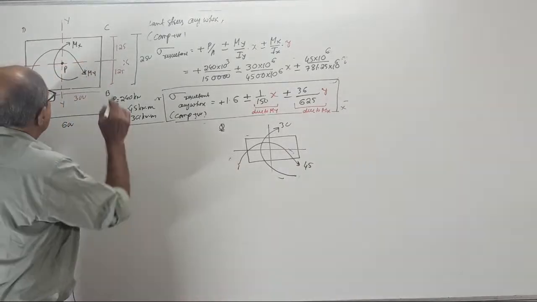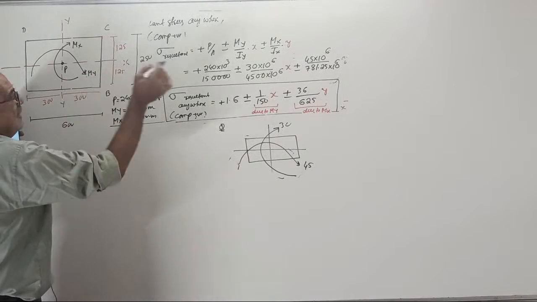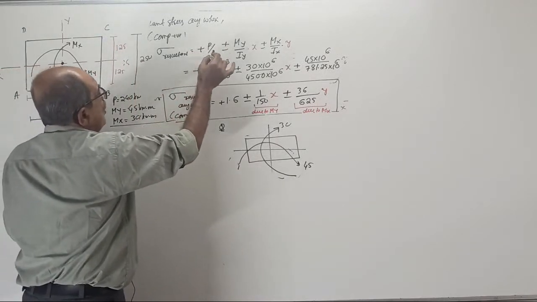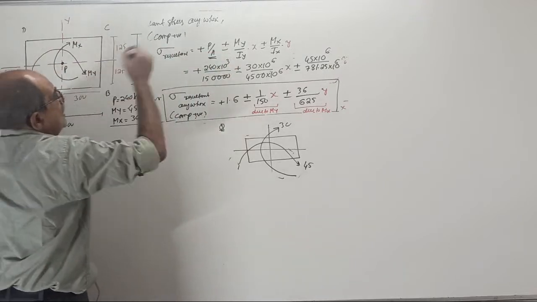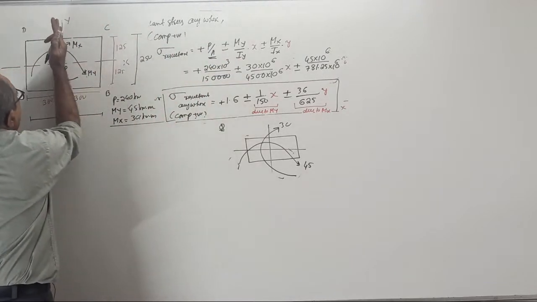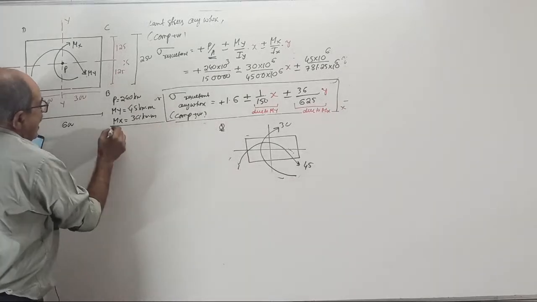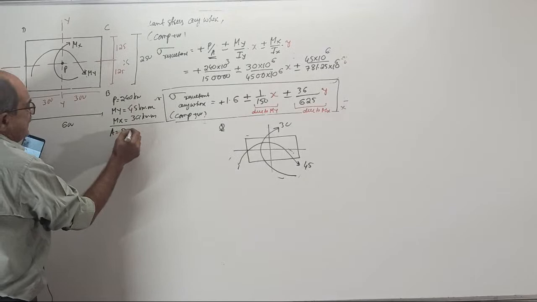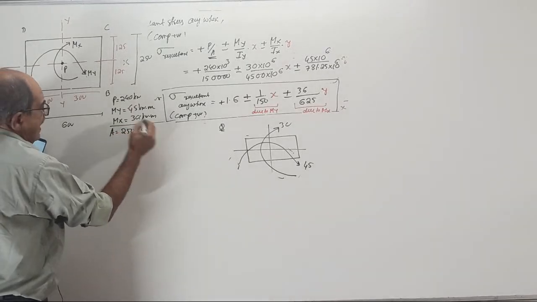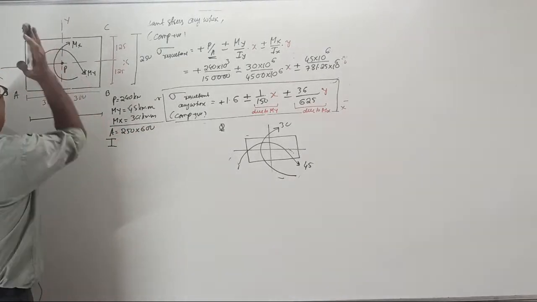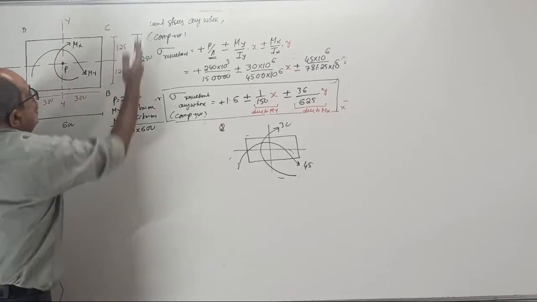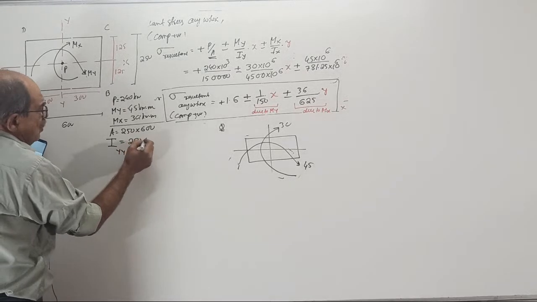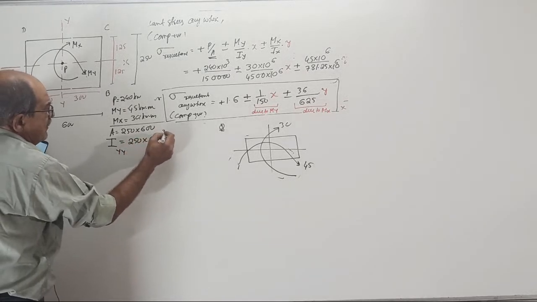Okay, now, make a note. Anywhere stress equals plus P by A, where we have the area of the cross section. We have the moment of inertia about Y-Y. See, if you remember, area equals how much? 250 by 600. And moment of inertia about Y-Y is 250 into 600 cube divided by 12.